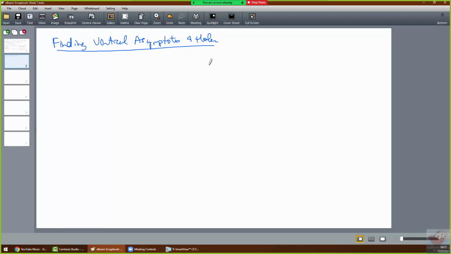Handwriting's wonderful. That does say finding vertical asymptotes and holes. There are 3 steps. Step 1: find the values of x that make the denominator 0.